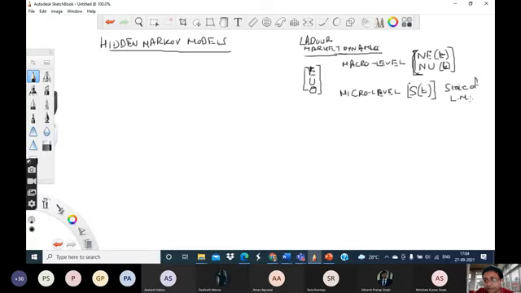And as we saw earlier, this labor market attachment state can take three possible values: employed, unemployed, and out of the labor force.